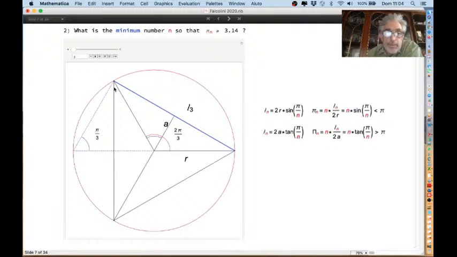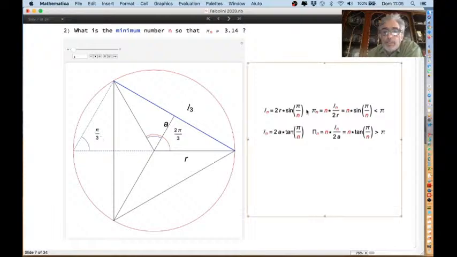since the triangle is inscribed in half of the circle, it is a rectangular triangle, and so the side L3 is the diameter times the sine of pi over 3.